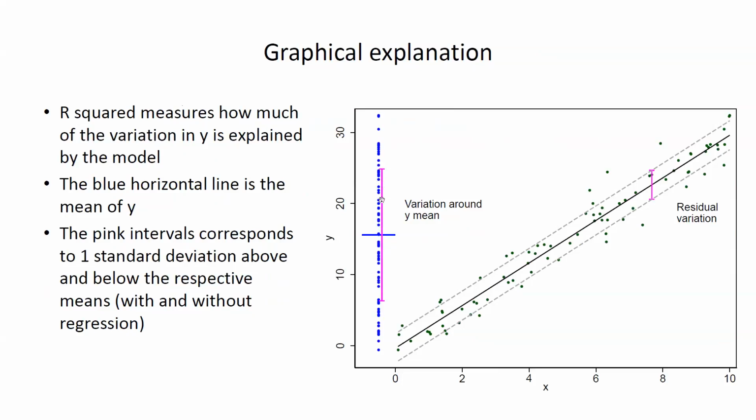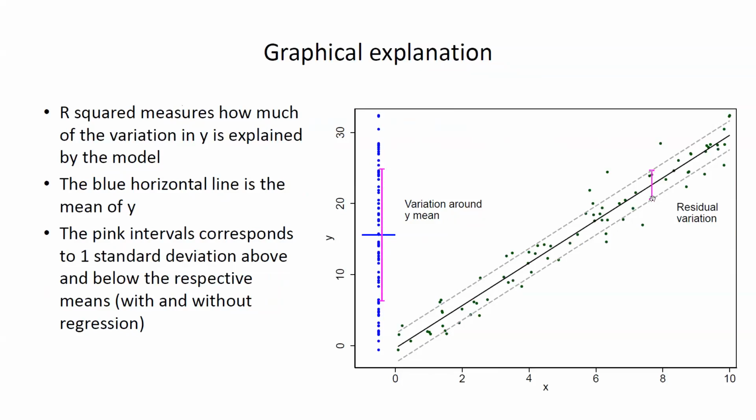The pink bar is much larger than the one standard deviation over here, which means that this model, including the x variable, seems to reduce the leftover variation not explained by the model by quite a bit.